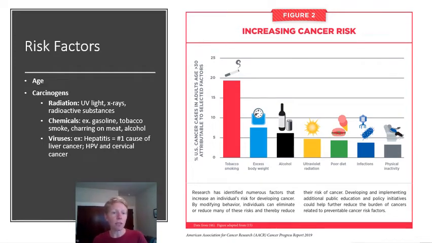Some chemicals are carcinogenic, so gasoline fumes, if you are pumping gas, hopefully in some states, the nozzle that you stick into your car will have a rubber gasket around it to prevent those fumes from escaping. Tobacco smoke, that black charring on meat is actually a carcinogen, and alcohol.